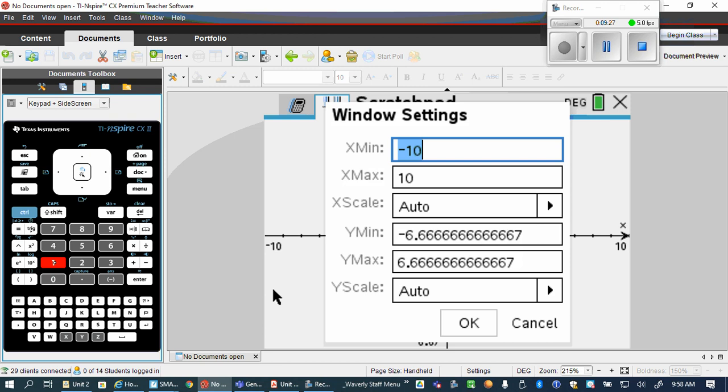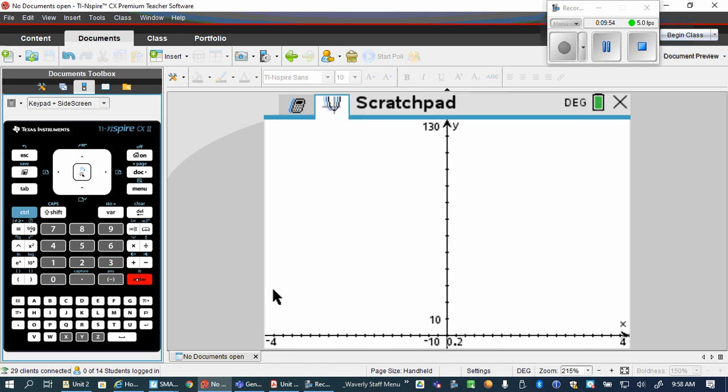The low x value in the graph. -4, so put in x min, using this negative sign here. -4, arrow down, what's the maximum x value in the book? The 4, okay? Then go down to the y's. What was that minimum y value in the book? -10, and they want you to go up to 130? And there you go. Enter. Now it looks more like in the book.